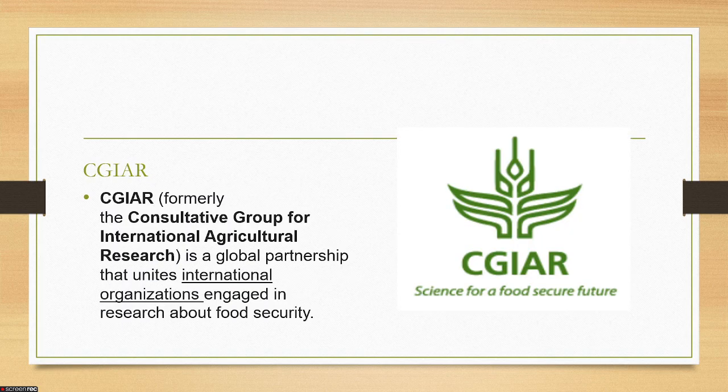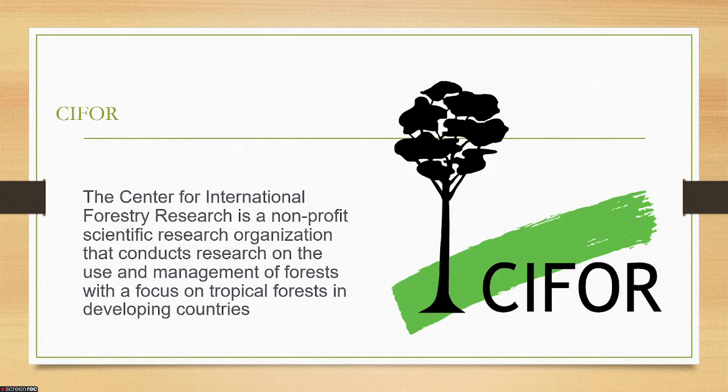The CGIAR, formerly the Consultative Group on International Agriculture Research, is a global partnership that unites international organizations engaged in research about food security. CIFOR, the Center for International Forestry Research, is a non-profit scientific research organization that conducts research on the use and management of forests with a focus on tropical forests in developing countries.